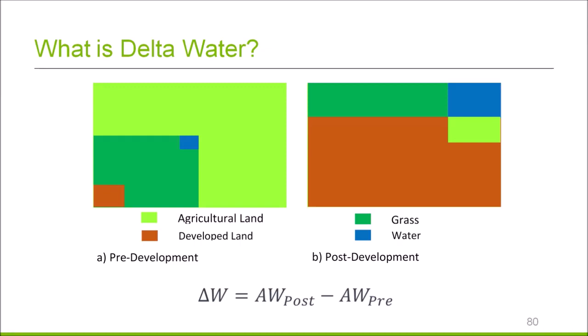probably a lot of those grassland or agricultural land will be gone, right? And then definitely the amount of developed land will be increased because you are now paving the land by roads or house or industrial buildings. At the same time, maybe there will be a stormwater pond, so maybe there is a chance that the water area will also be increased.